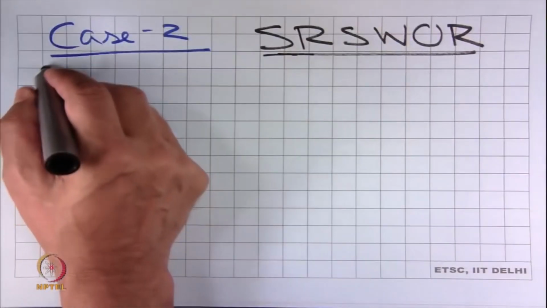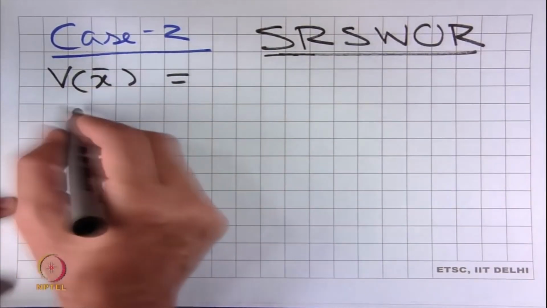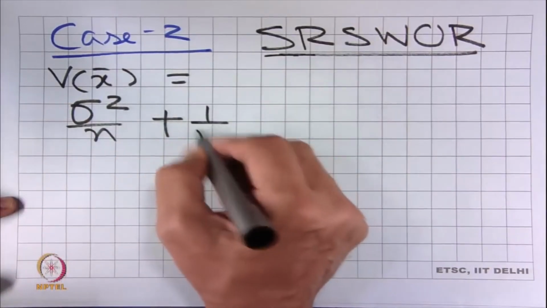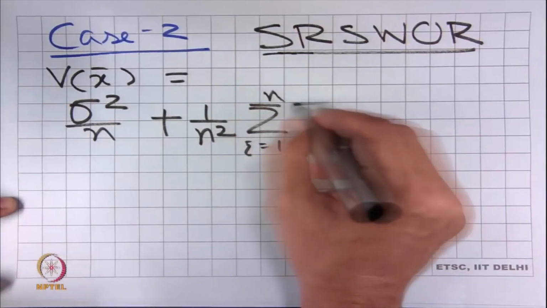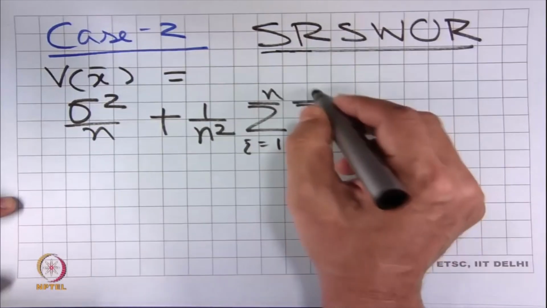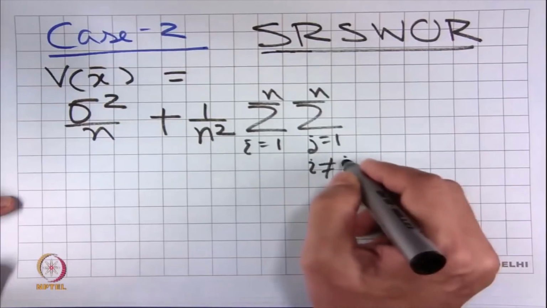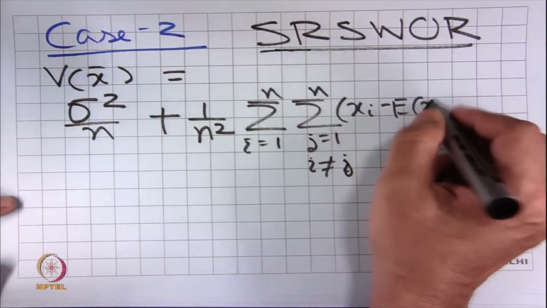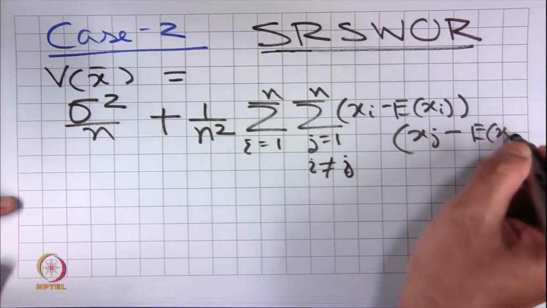Therefore, this variance is going to be, from the earlier term, sigma square by n plus 1 by n square sigma over i equal to 1 to n, sigma over j equal to 1 to n, j not equal to i, xi minus expected value of xi multiplied by xj minus expected value of xj.